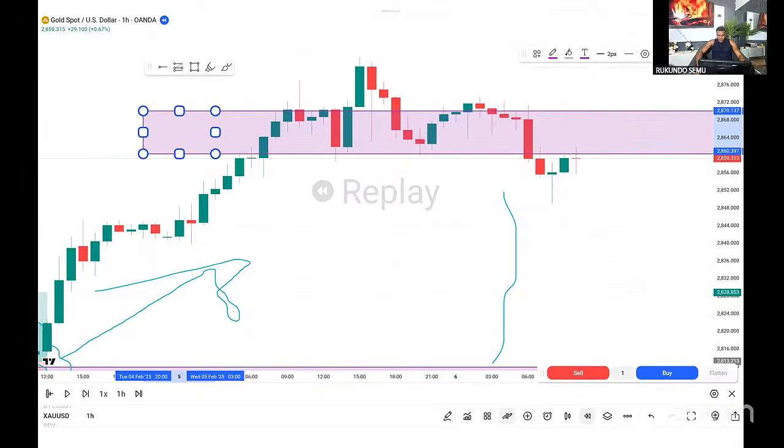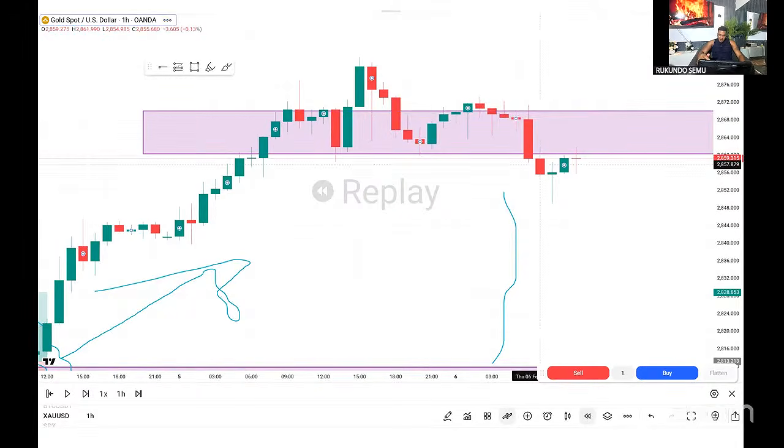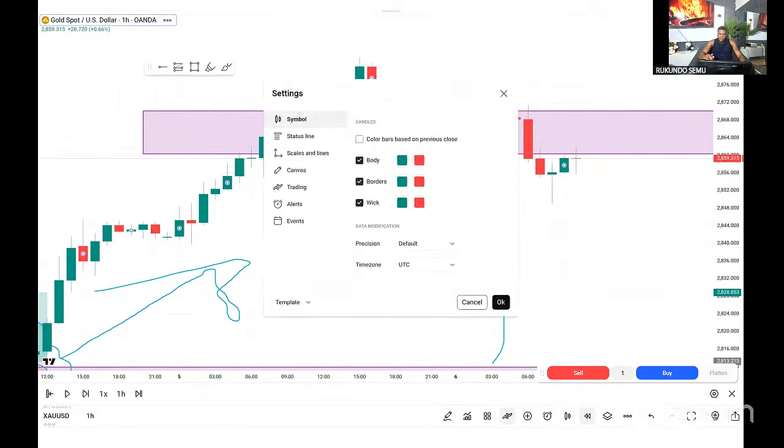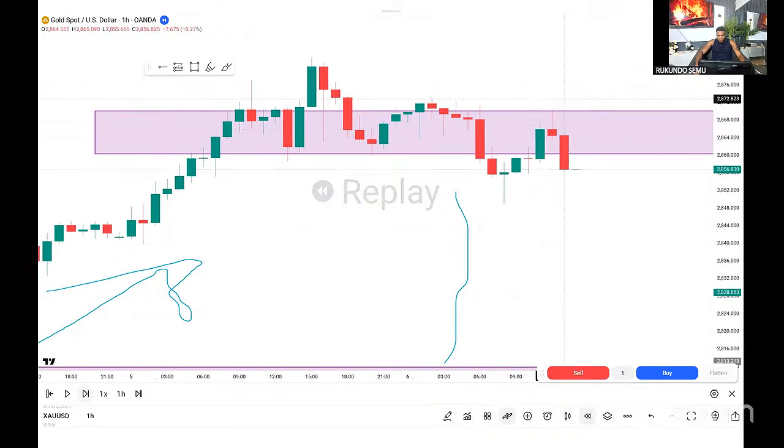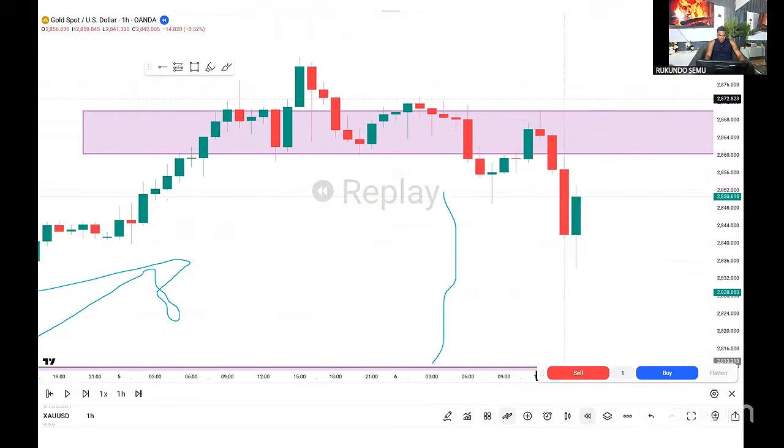No, it is a breakout. Because remember, this red candle has killed everything. If this candle had formed here, we would take it, but this is a breakout. Are you seeing it? We got a red candle that is crossing here, so that means this area of benefit is inverted. We are not going to take that one. That's why even we lost it. They lost it, the one who took it.